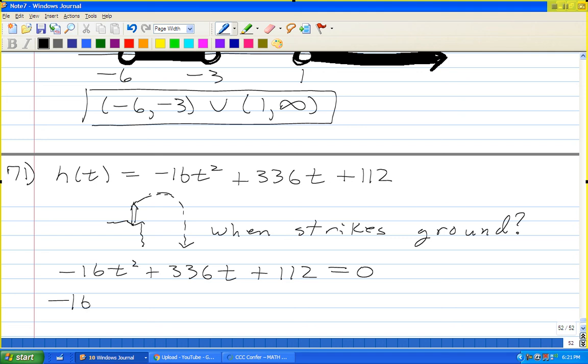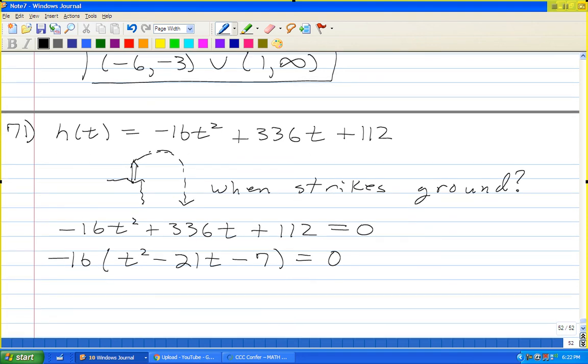I can factor out a negative 16. So this is just t squared. 336 divided by 16 is 21. 112 divided by 16 is 7. Yes, 7.